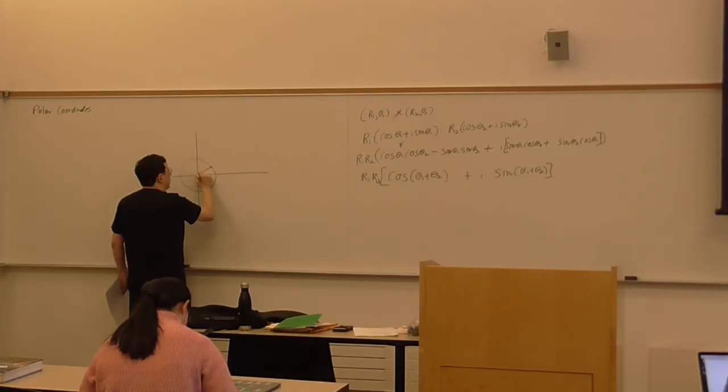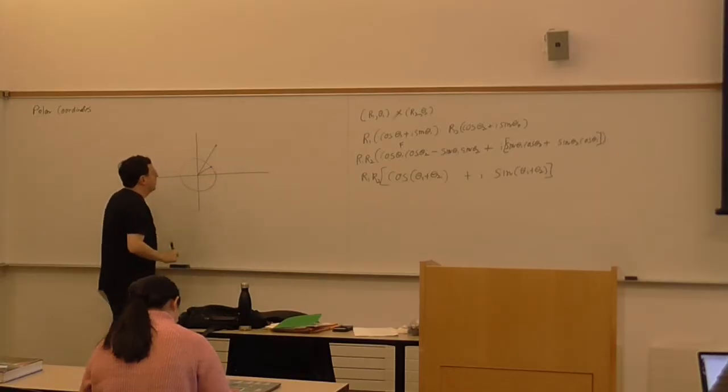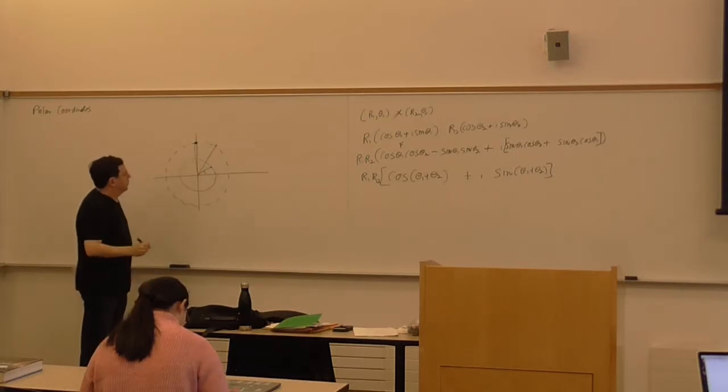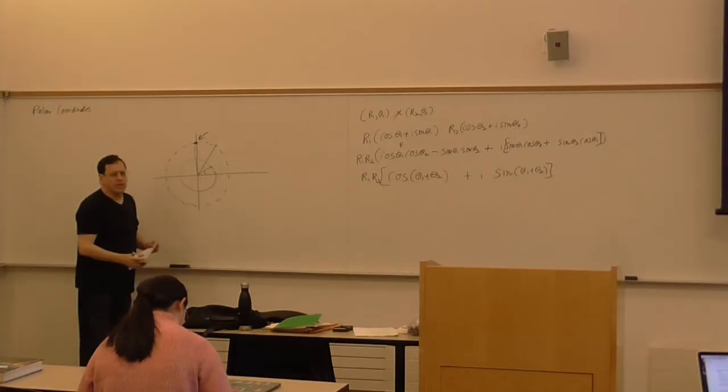And let's say at 60 degrees, say my radius is 2. To multiply these, I multiply these lengths, so that's just going to be 2. But what happens to the angle? I just add 30 degrees and 60 degrees and I get 90 degrees. So that tells me the product of these two complex numbers has to be this.